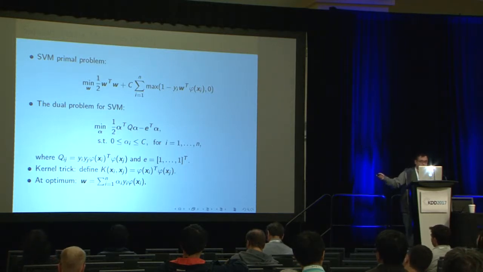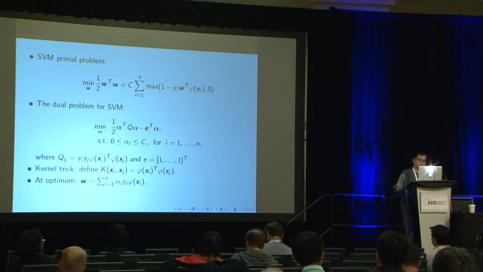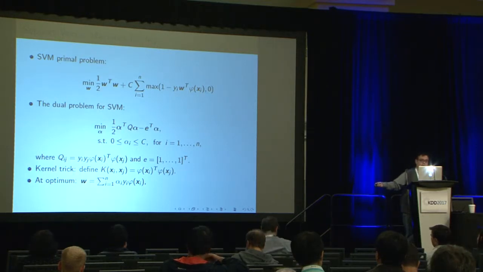So the only thing you need to define is the inner product of two points in the high dimensional space. We call this a kernel function: K(xi, xj) equals the inner product, and you only need to define this kernel function instead of the high dimensional mapping. After solving the dual problem, you can use the primal-dual relationship to get the primal solution and use it to do the prediction.